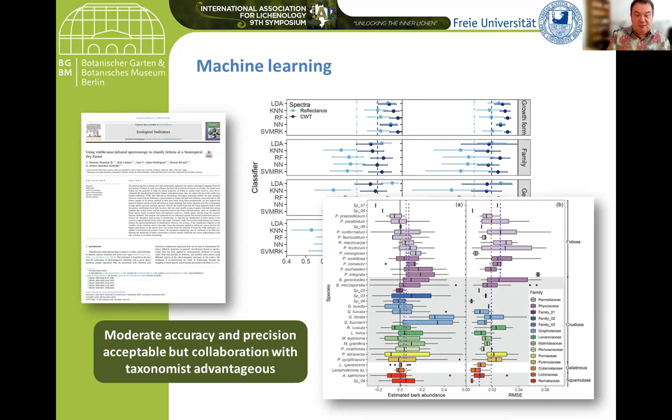A collaboration with taxonomists in future studies would certainly be advantageous. I think this is a promising approach to do large scale abundance inventories. For example, if a set of species is known, it would be interesting to see how well the discrimination of this spectroscopy works at the species level.